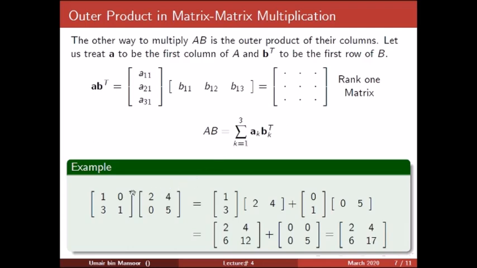So let's take the first column of A and the first row of B. So 1 times 2 is 2, 1 times 4 is 4, 3 times 2 is 6, 3 times 4 is 12, plus the second column of A and the second row of B. So 0 times 0 is 0, 0 times 5 is 0, 1 times 0 is 0, 1 times 5 is 5.